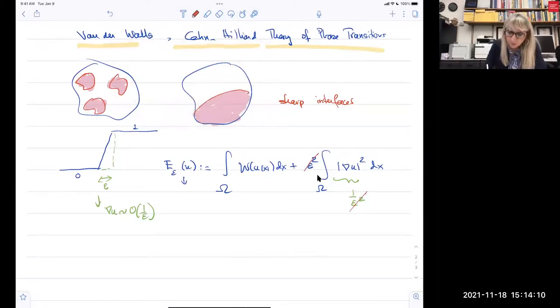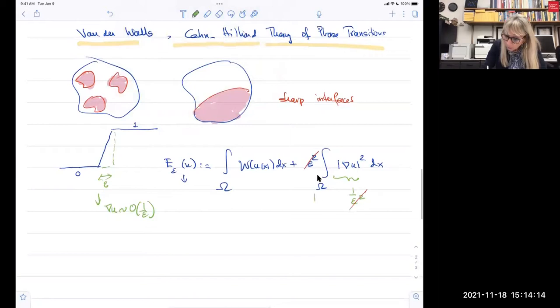What's left is the width of the wall, right? Because the gradient of u is going to be 0 most of the time here, most of the time there. It's only non-zero here, which is something of order epsilon. So that's good, because at the end of the day I'm just taking my original energy and adding a little epsilon. It's a small perturbation of the original energy. This is what we call a singular perturbation of the original energy.